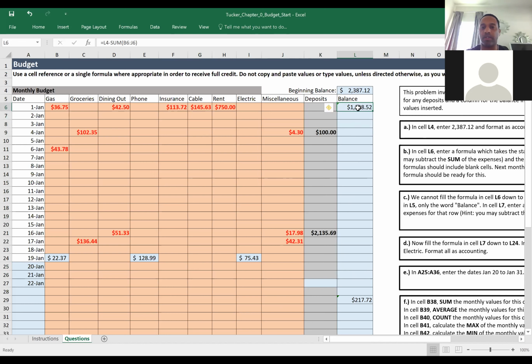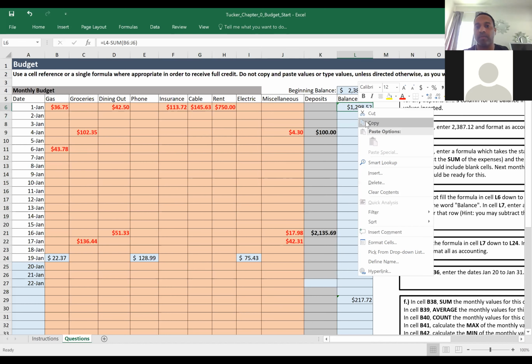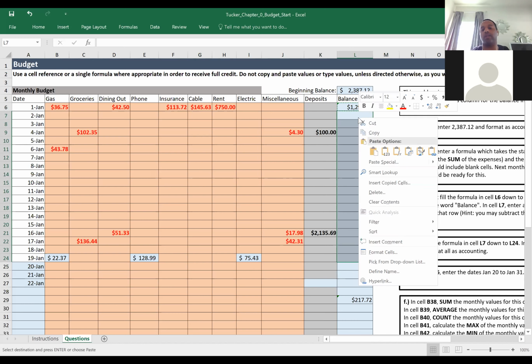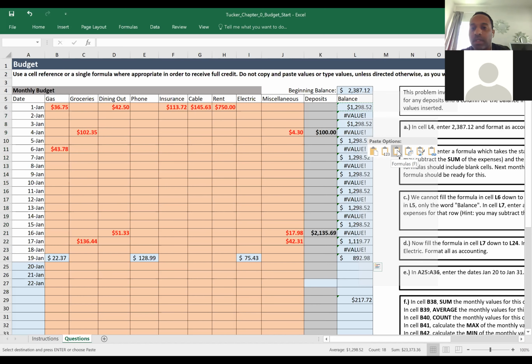So I'll copy it first, so I can right click and copy. And then I would highlight down to 24. I can right click, or like one of your classmates mentioned, we can do Control V. And I don't want to paste just any old thing. I want to paste the formulas.